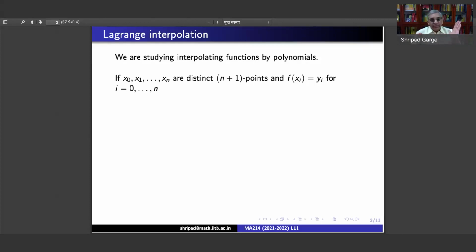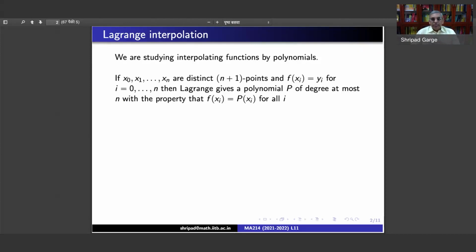The yi need not be distinct, but the xi's have to be distinct. Then Lagrange's method gives you a polynomial whose degree is at most n with the property that p of xi is yi. So there is a polynomial of degree at most n which has the property that at xi the polynomial value is yi. This is what Lagrange says.